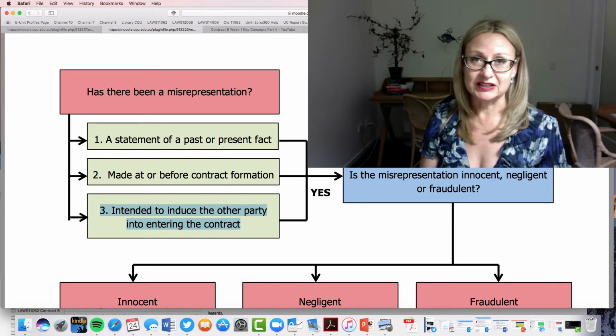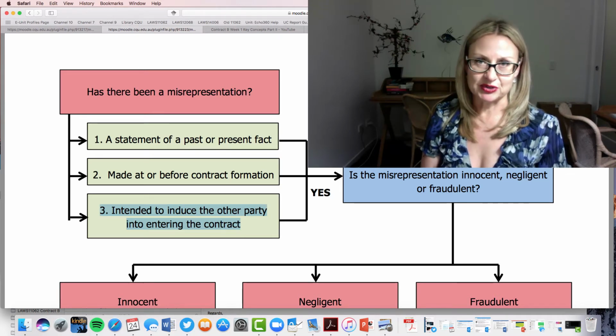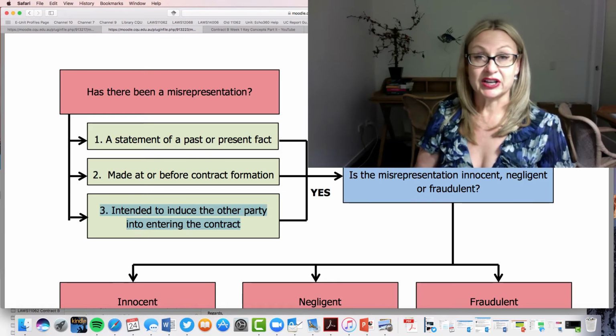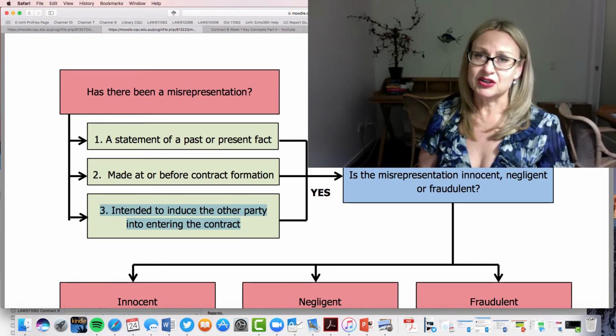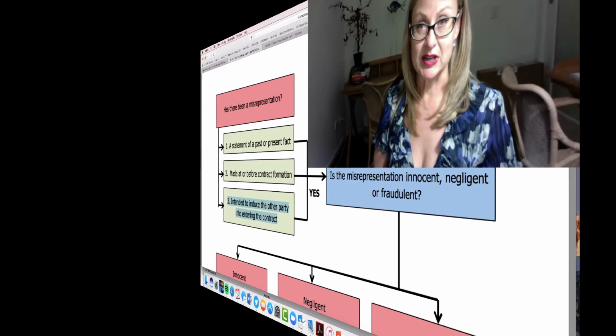It doesn't matter that he didn't go ahead and check those facts. We're still going to allow that misrepresentation to be actionable. Okay, so that is where you have the means of checking the falsity. It won't matter that you haven't gone and checked on the falsity or the truth of whatever has been stated to you. You will still be able to sue on the misrepresentation.